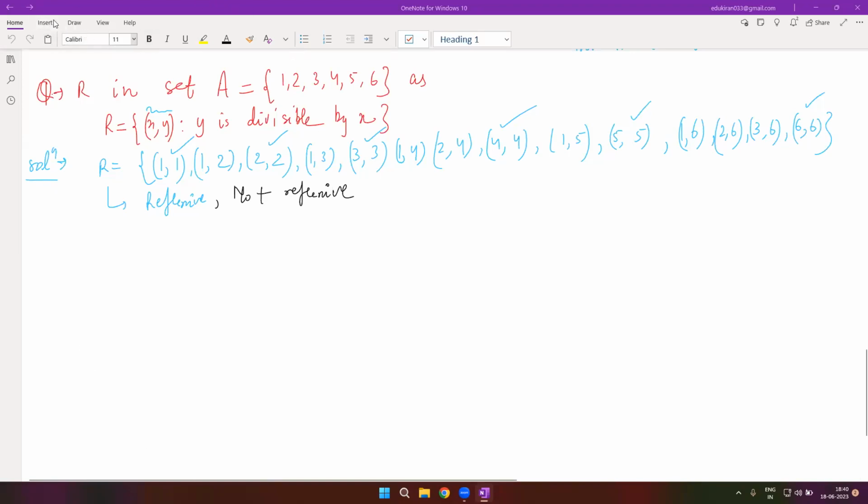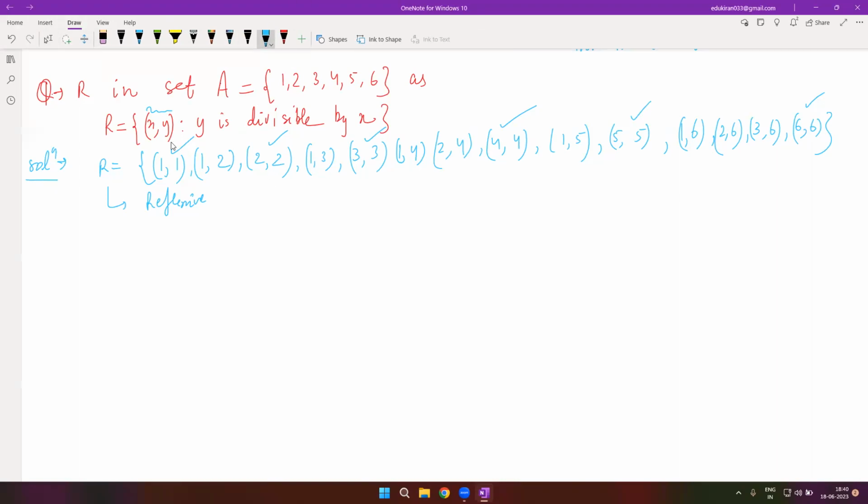Now let's comment on symmetricity and transitivity. That I'm interested in knowing from you guys. And we know that we don't need to check these 6 pairs now, right? They will follow all the properties simultaneously.